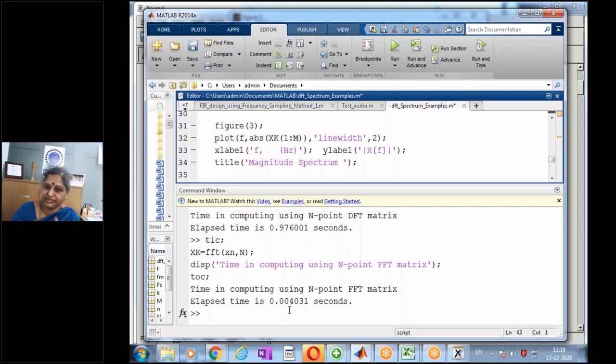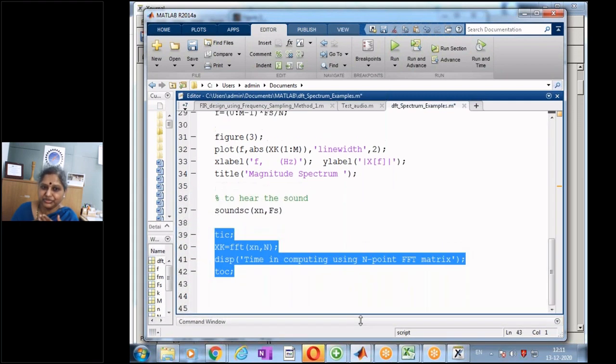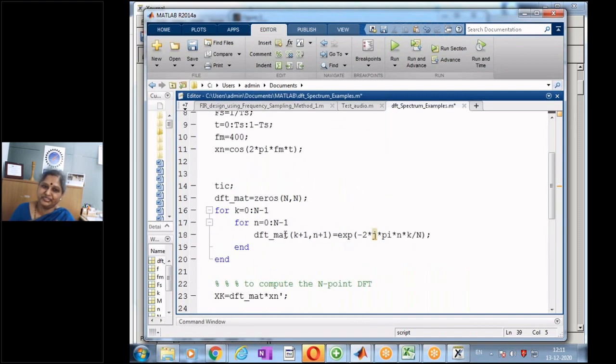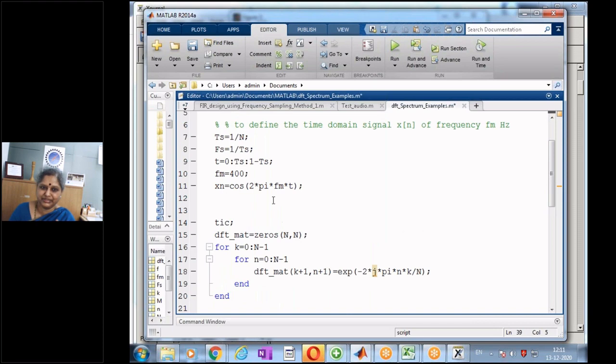So this is an example to show that the FFT command definitely is an efficient method of getting the result. It is not recommended to write code for actually computing the DFT in this method.